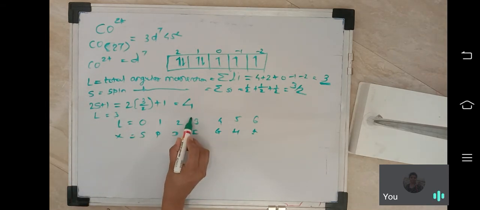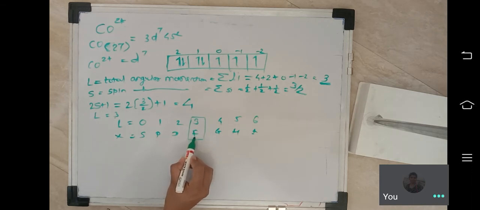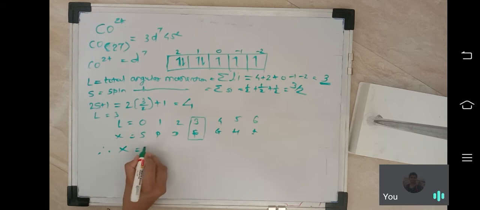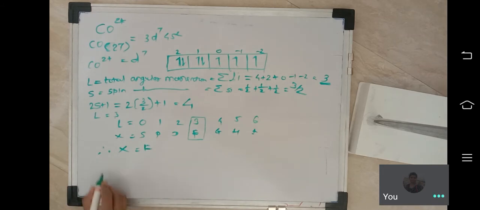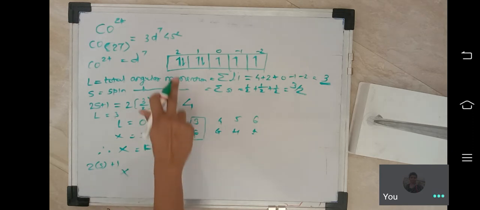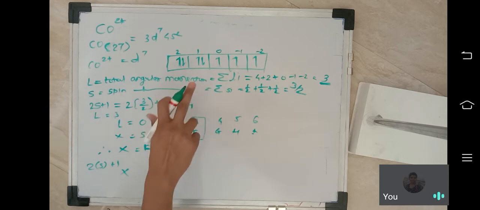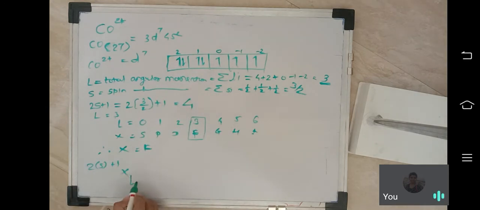So you have to bracket that one, therefore X is equal to F. Then write the formula 2S plus 1, X. Here less than half filled is not there, that means pairing of electrons takes place. So you have to take the L plus S.